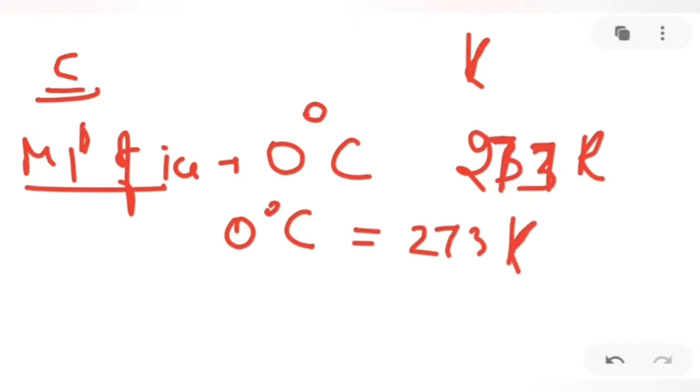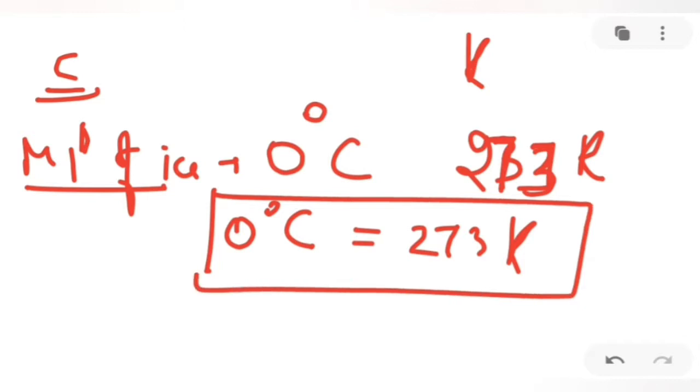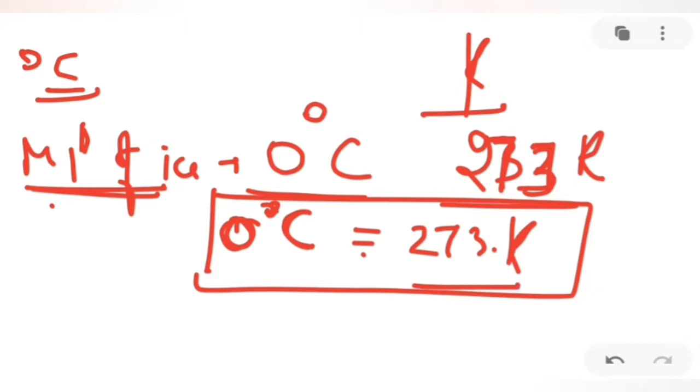It's not 237, it's 273 here. So what do we conclude? That 0 degree Celsius is equal to 273 Kelvin. This is clear? Now why is it like this? Because the melting point of ice on the Celsius scale is 0 degree Celsius, and the same melting point of ice on the Kelvin scale is 273 Kelvin. So the melting point is the same, and what we concluded from here is that 0 degree Celsius is equal to 273 Kelvin.